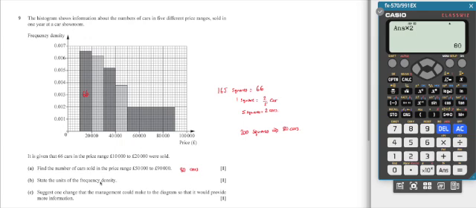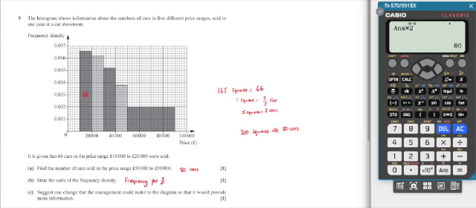State the units of the frequency density. Well, the frequency density is the area. No, it's not. The frequency is the area. So the frequency density is going to be frequency per price. So that is frequency per pound, because it's in pounds.